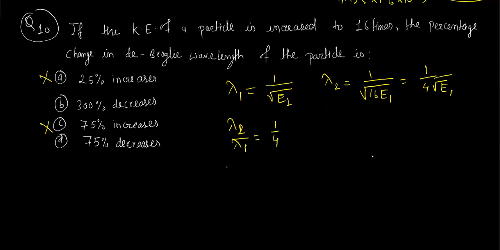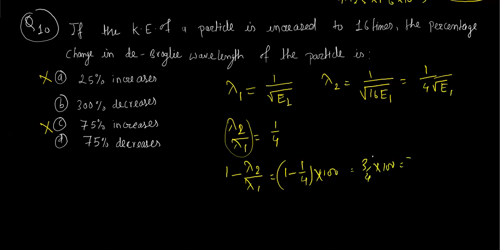Now I'm going to make it a percentage change, so I'm taking the subtraction of this parameter from 1 on both sides. This is 3 by 4 times 100, that's why this is 75%. So our correct answer is 75% decrease.